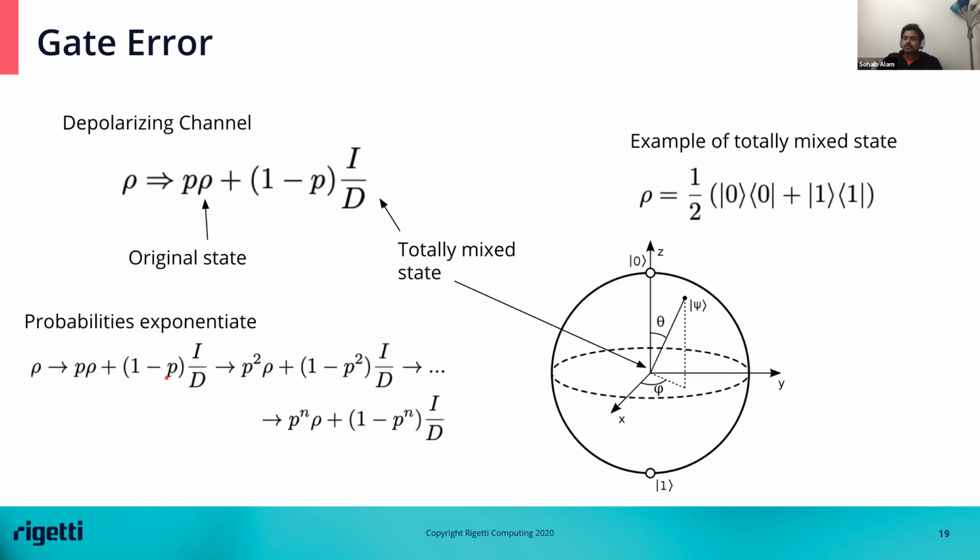So in the language of what we discussed over here, basically rho is the ideal Bell state that is produced at the end of the H and the C naught. And then because I just passed a C naught gate, and that C naught gate is noisy and imperfect, I'm going to pass my quantum state at the end of the C naught through this depolarizing channel.